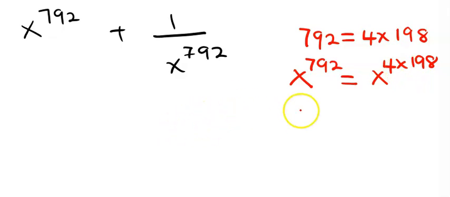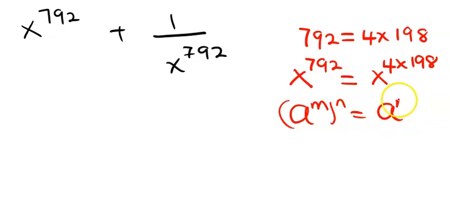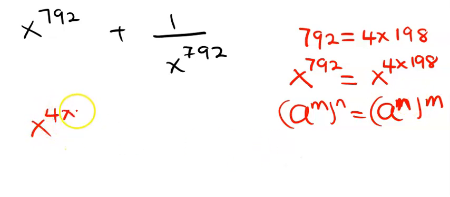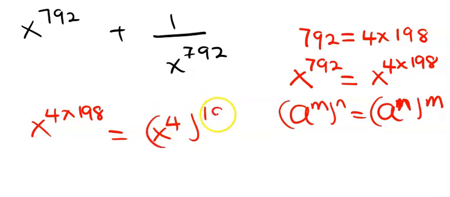And from indices, a raised to the power m, all raised to the power n, is the same as a raised to the power m times n. So x to the power 4 times 198 can be written as x to the power 4 all raised to the power 198.